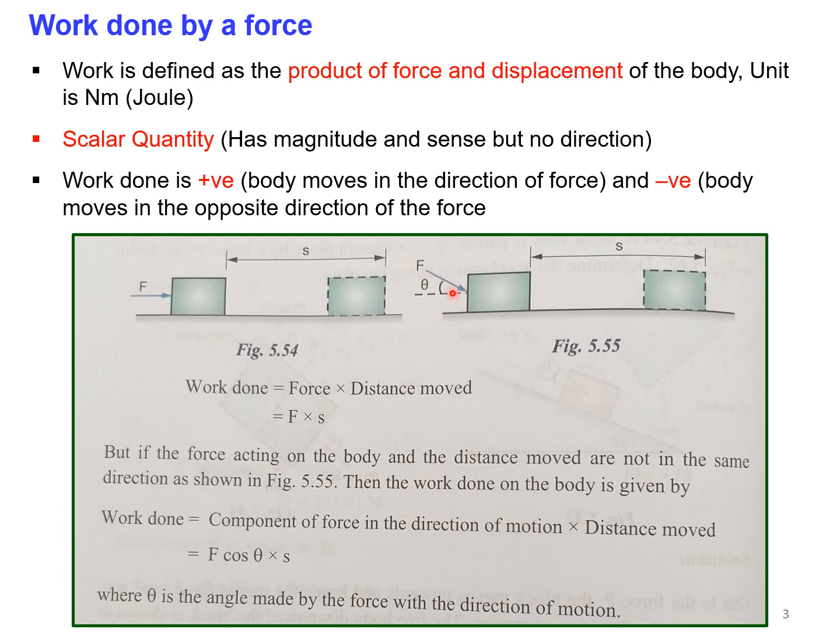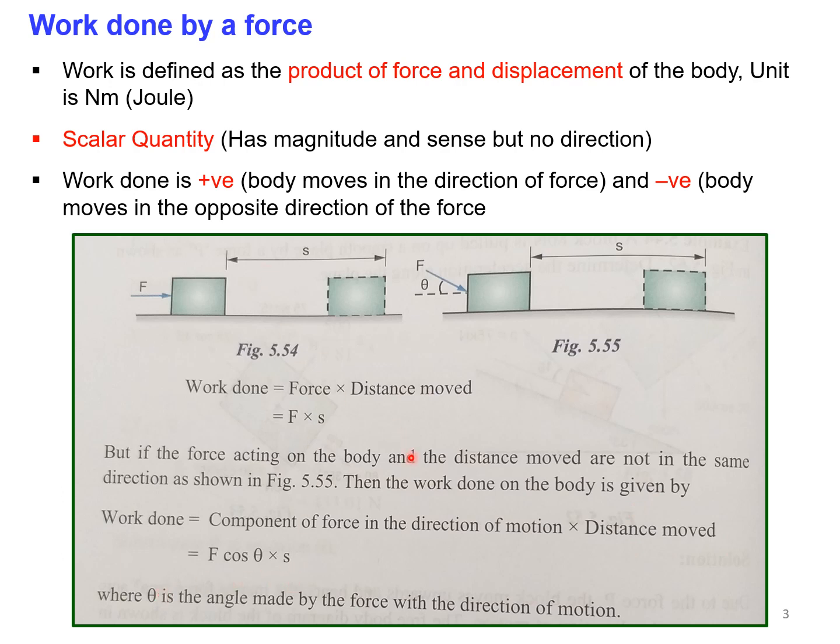Since it is an inclined force, we resolve this force in the horizontal direction, since the body is moving horizontally. The horizontal component of this force will be F cos theta. Therefore work done will be F cos theta into the distance moved S, that is, F cos theta into S.